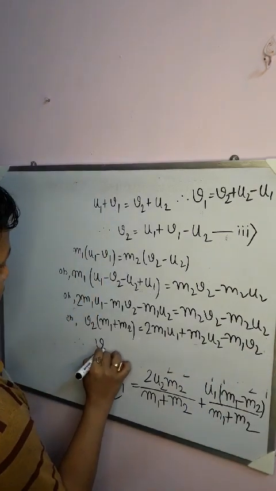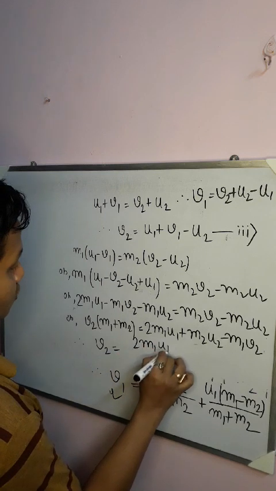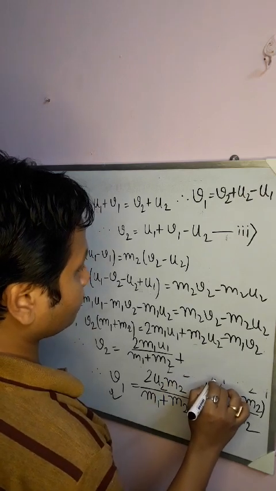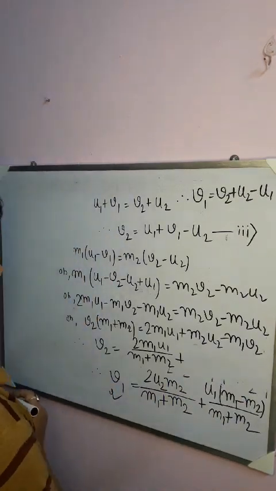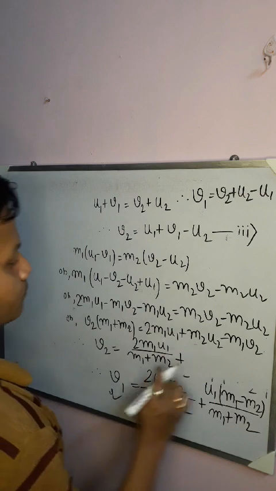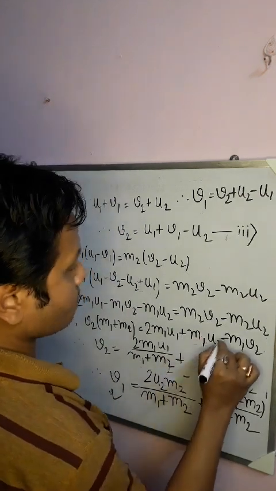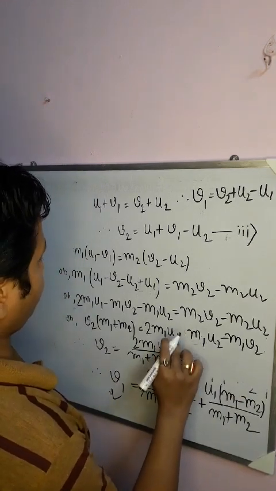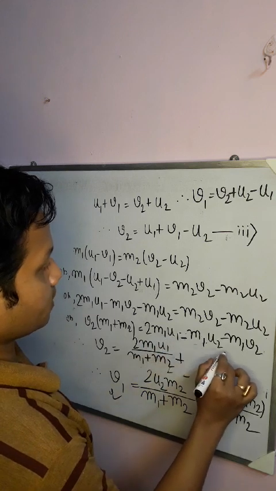So what will be my v2? My v2 will be 2 m1 u1 by m1 plus m2 plus minus m1 u2 plus m2 u2.